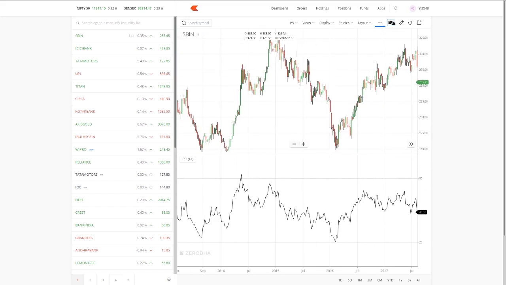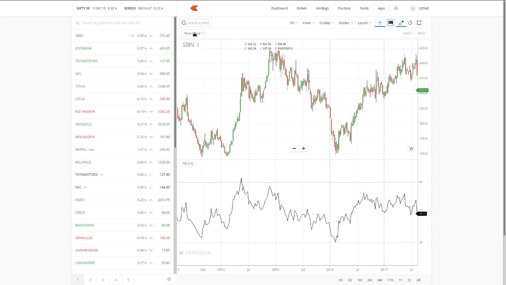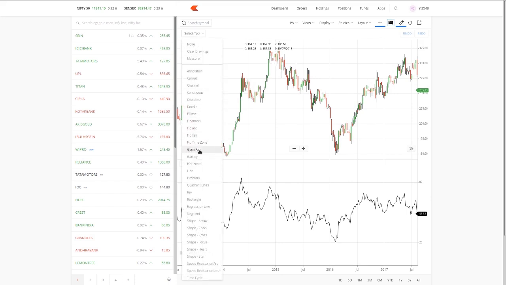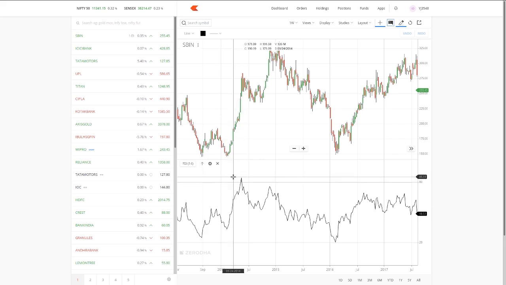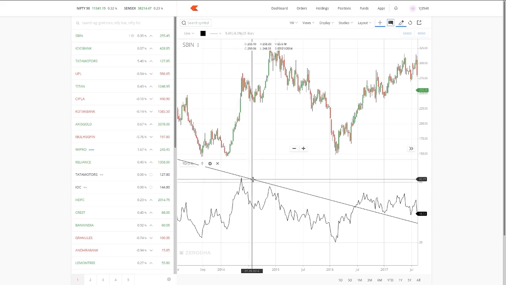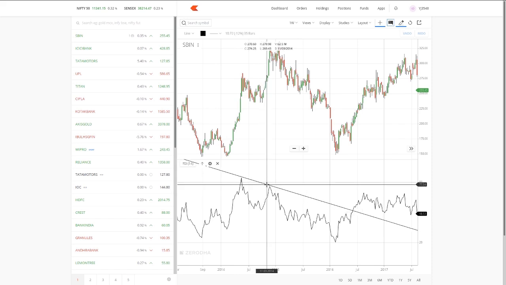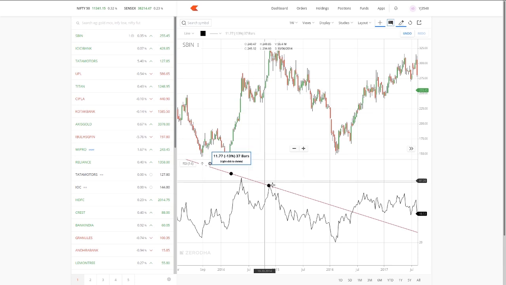Let me draw a line here to explain what a divergence looks like. I have plotted 14 RSI. Here, if you look, RSI is forming a lower high.